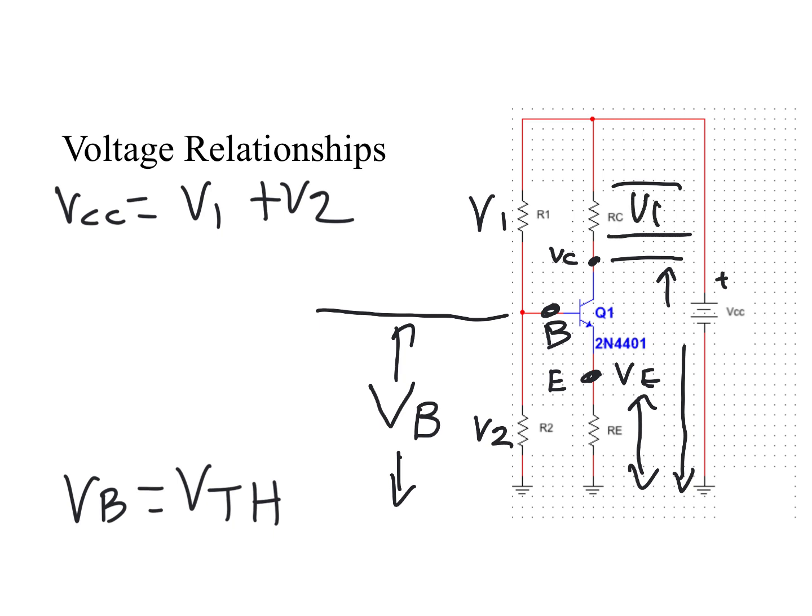Then the collector resistor voltage, VRC. And the collector to emitter voltage, VCE.